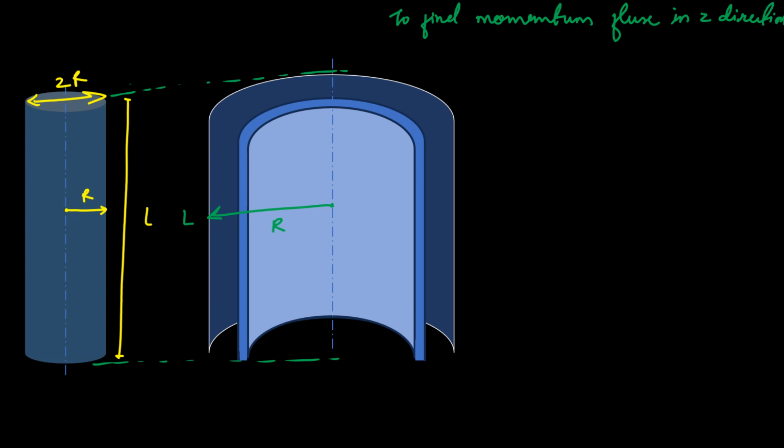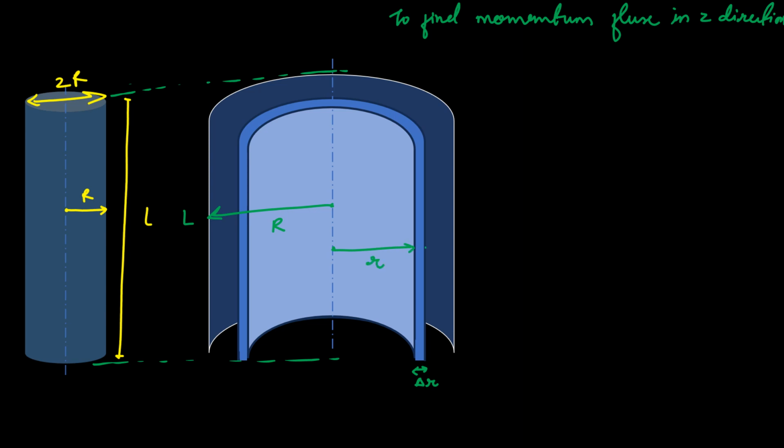So what's inside? Consider a shell inside it. This is my shell, a small shell of thickness delta r, at distance small r.